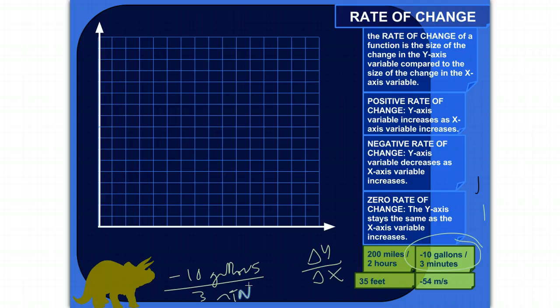So this means I want to put gallons on my y-axis, and I want to put minutes on my x-axis. And I'm decreasing gallons. So imagine a container filled with some kind of liquid.